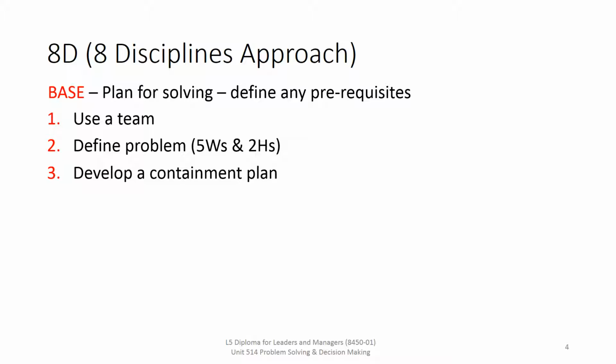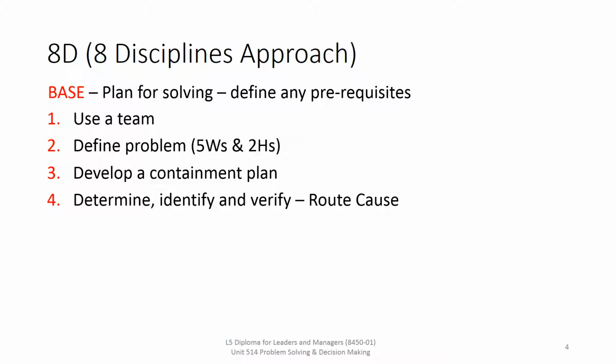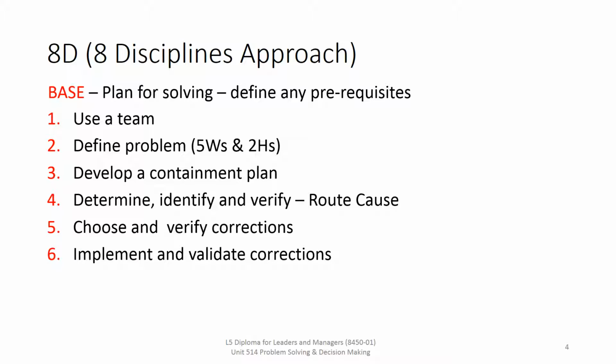Contain the problem and stop it continuing to happen, we can start to use everything that we've got when we were doing the defining to start and identify or verify the root cause. So what is actually causing the problem to occur? From that we can choose and verify some corrections. So from that we can decide or select, test some options and things we could do to stop it, and then step 6, we can implement and validate those corrections.